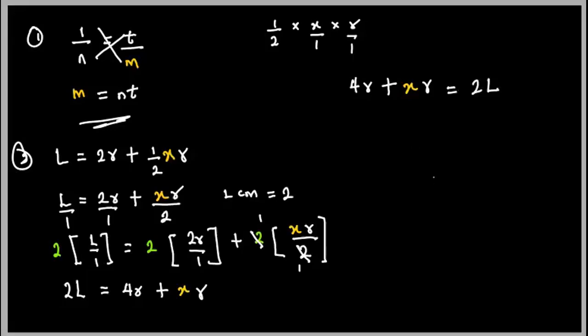Then I will take like terms. I'll move all terms that do not have x to the other side. Don't forget that 4r here is positive. So I now have xr here equals to 2l. If plus 4r comes over here, it becomes negative 4r.